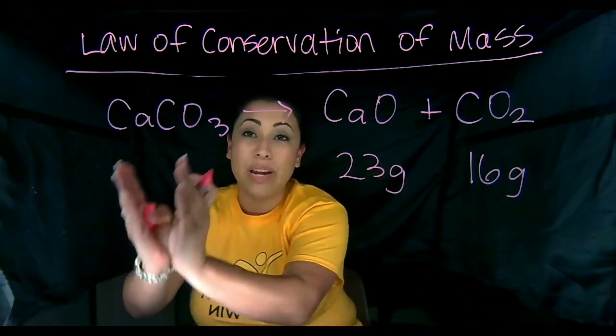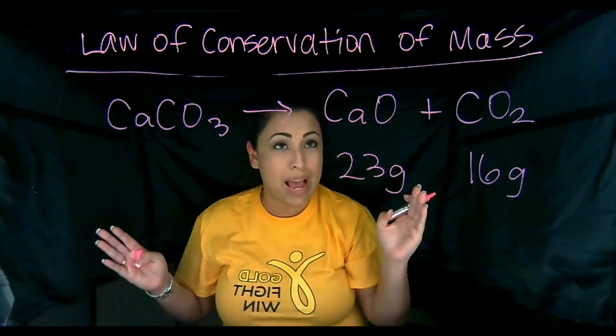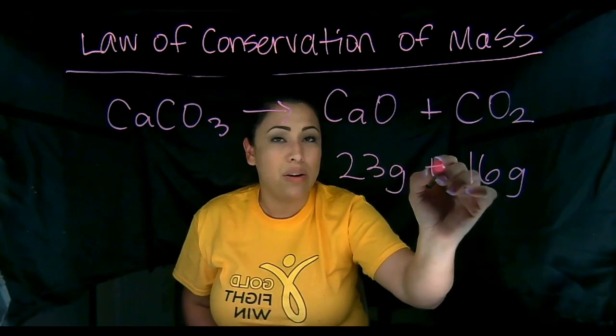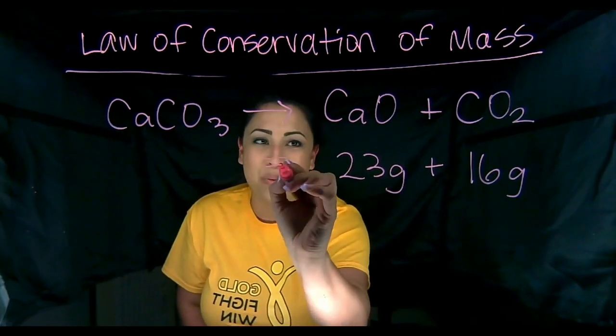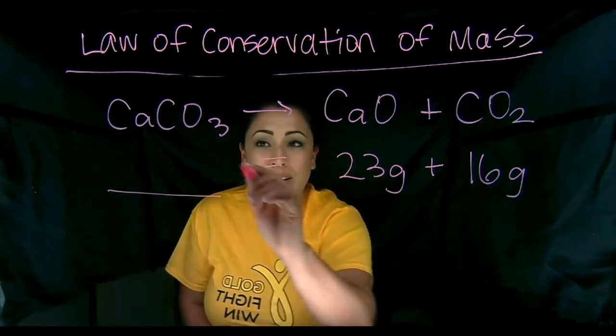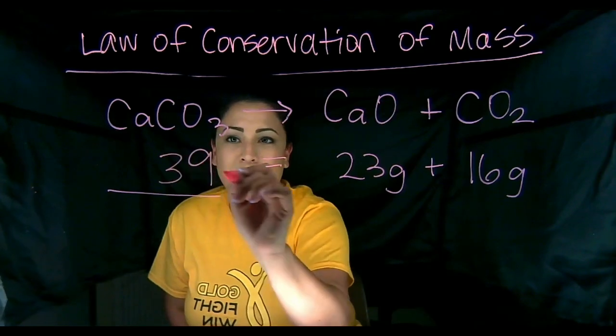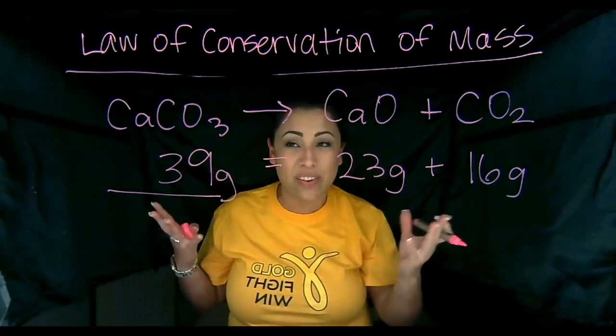So we still have our reactants equal to our products when we're talking about mass. So we'll bring down the arrow, bring down the plus, and now what do we write for the arrow? Our equals. So same thing, this and this is equal to 39 grams. Exactly. Same thing, it's just flip-flop, right?